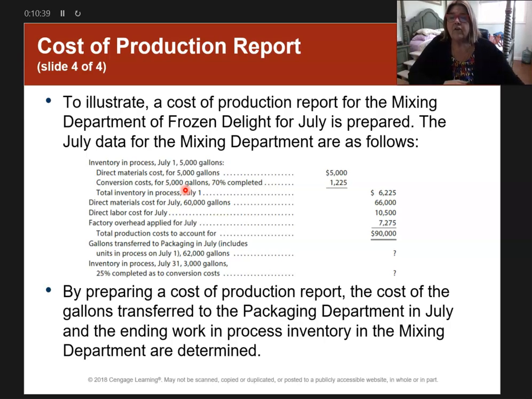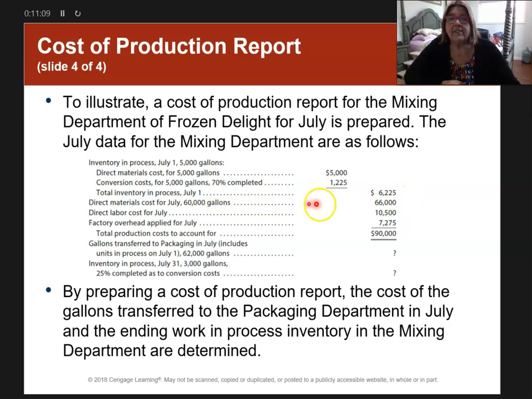So starting with the month, I already have conversion costs that are 70% complete in regards to that 5,000 gallons. What I'm going to have to look at is the 30% that's not complete, and that's what we're going to focus on later on. So 70% complete, that's basically this number here. My total beginning inventory is this as far as cost.